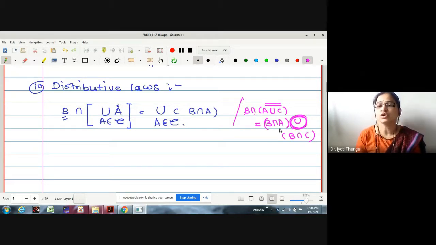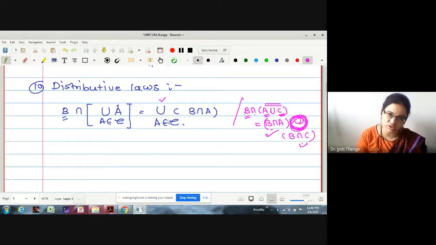Union of what? Union of the intersection of B with both the elements. Once the intersection is taken with A, once it was taken with C. These two, and we have taken their union. That is what we have done. First, we have taken the union of what? Intersection of B with the individual element. Correct now? I hope the idea is clear.